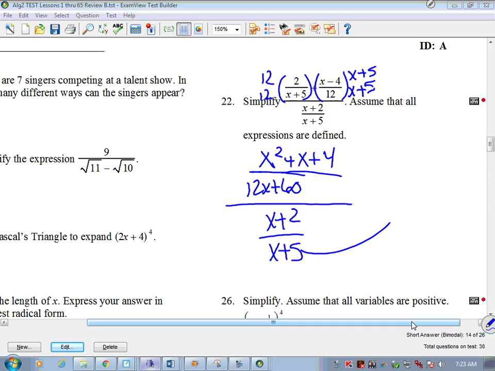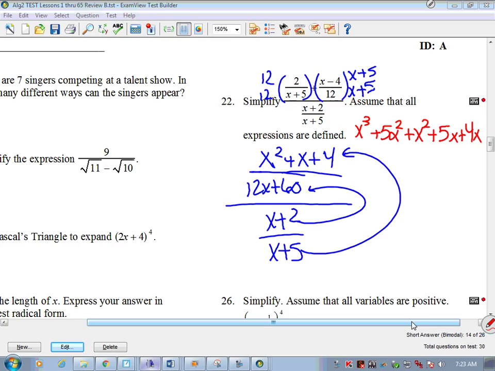Okay, well, we're going to multiply by the reciprocal. So this is where it gets kind of tricky. x squared plus x plus 4 times x plus 5. Well, x squared times x is x cubed. x squared times 5 is 5x squared. x times x is x squared. x times 5 is 5x. 4 times x is 4x, and 4 times 5 is 20.